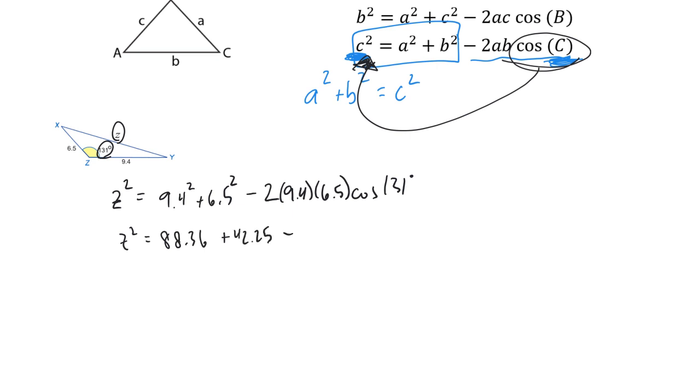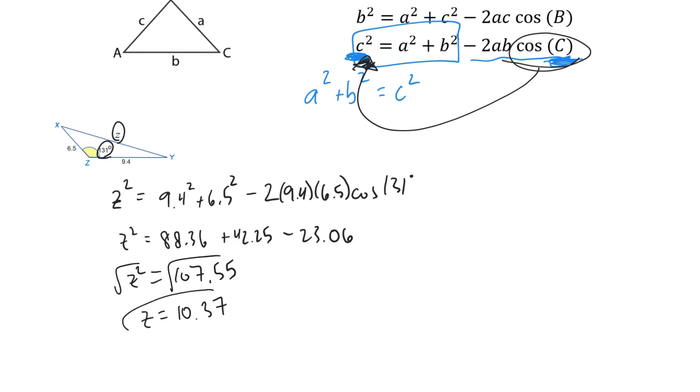And then 2 times 9.4 times 6.5 times the cosine of 131 gives me 23.06. And so all you're going to do is add this stuff up. And we get that Z squared is equal to 107.55, which means when I take the square root of both sides, you get 10.37.